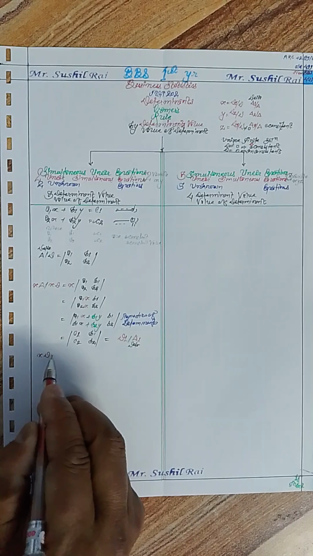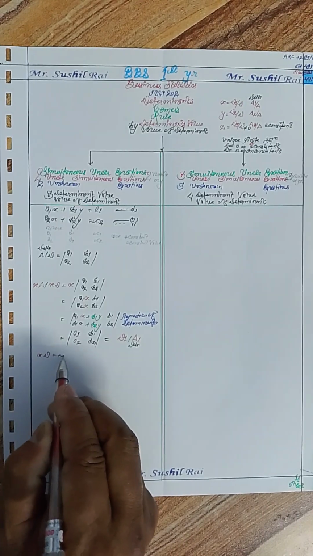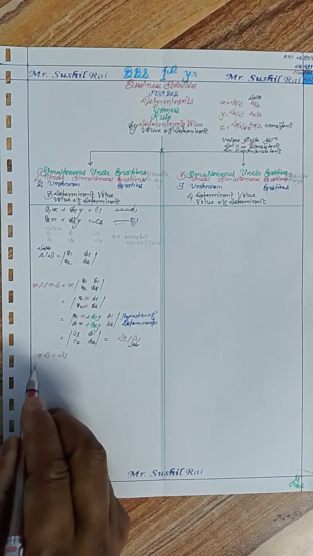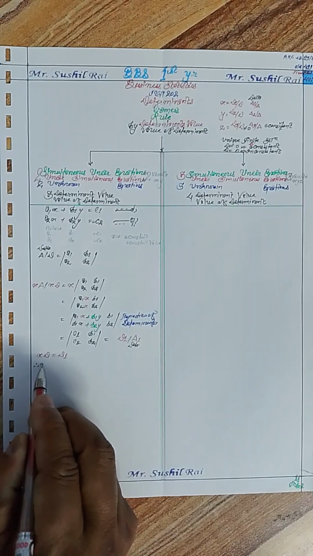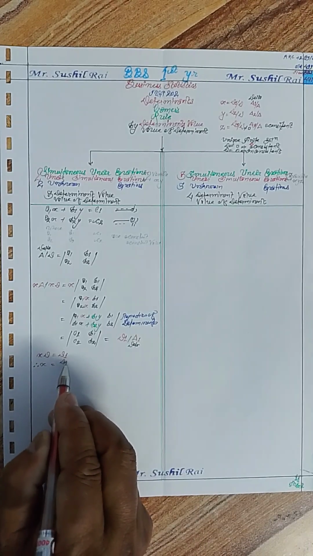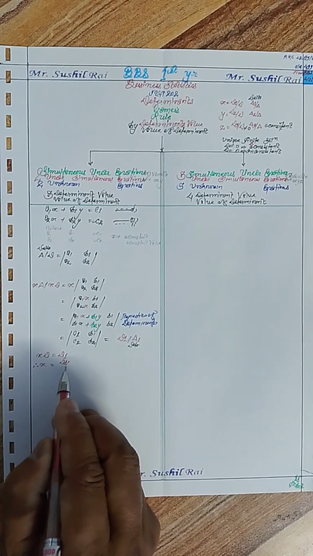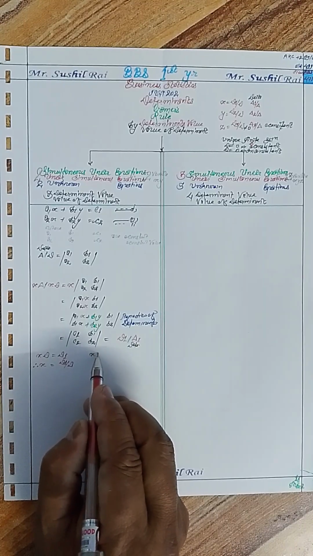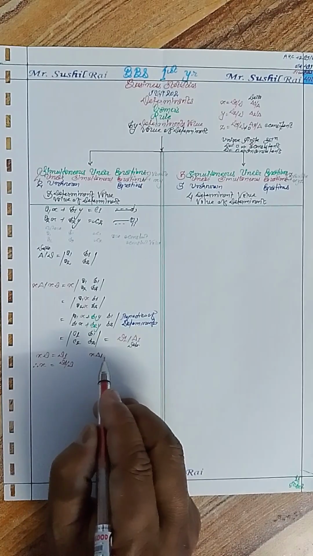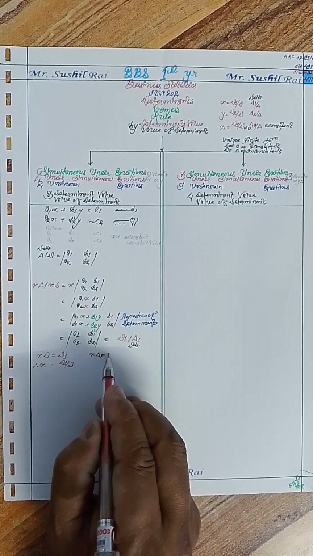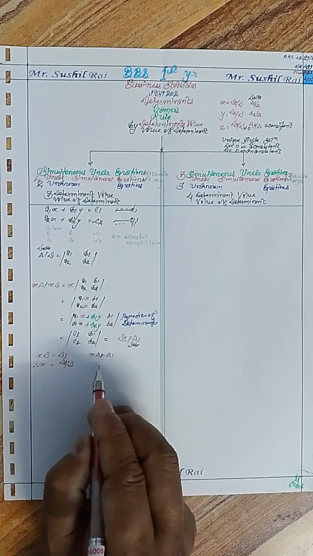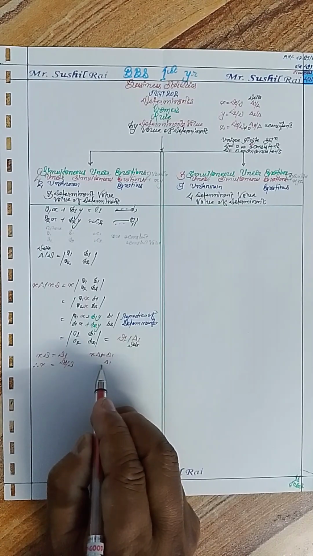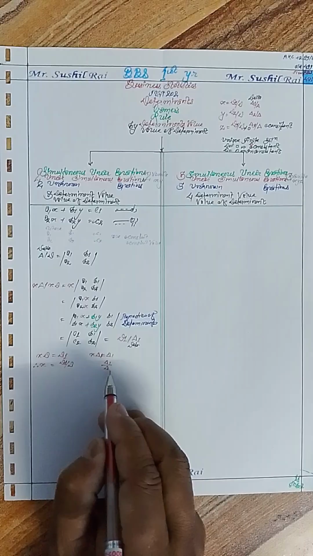So x D equals D1, therefore x is equal to D1 by D. x delta 1 delta equals delta 1, therefore x is equal to delta 1 by delta.